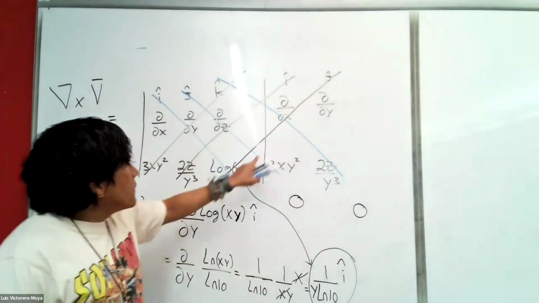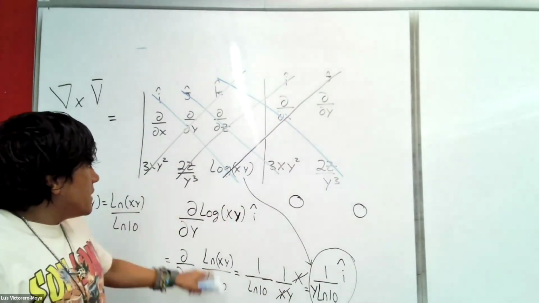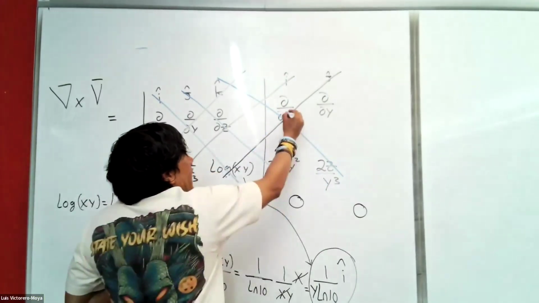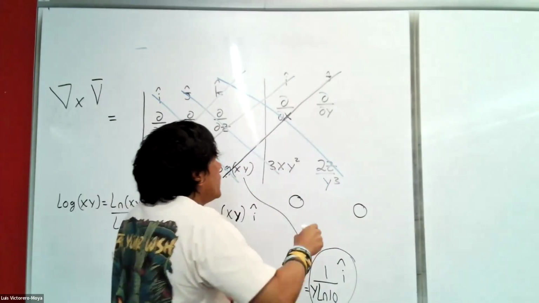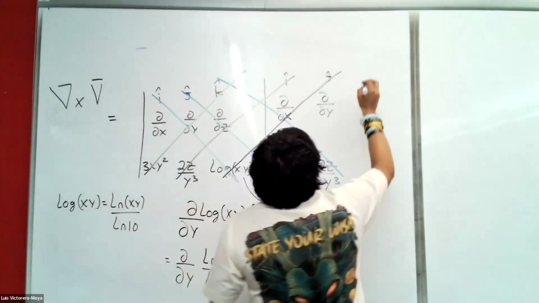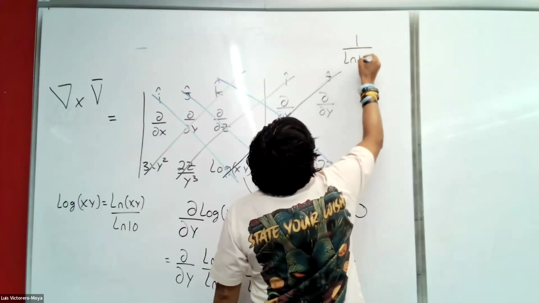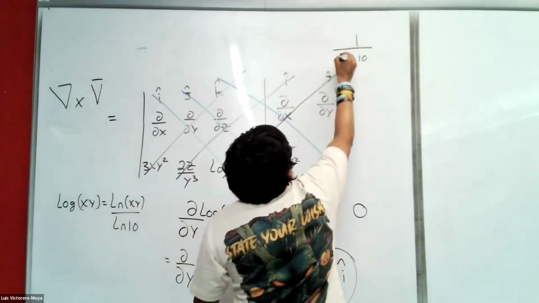With respect to x of log of xy, it's going to be the same, but now with respect to x. So the derivative with respect to x in the j of log will be, if I follow the same pattern, 1 over natural log of 10. Now instead of y, it will be x.